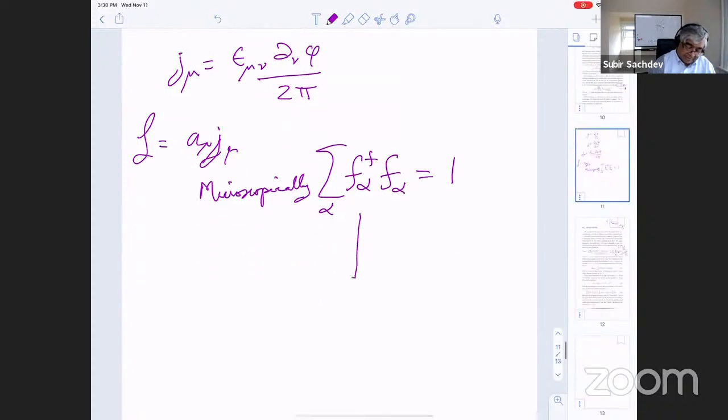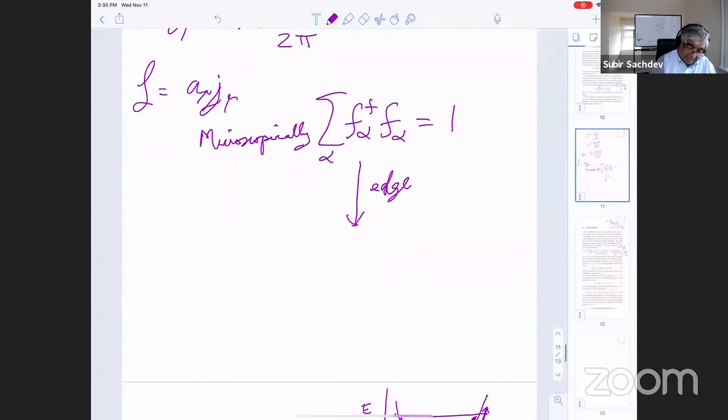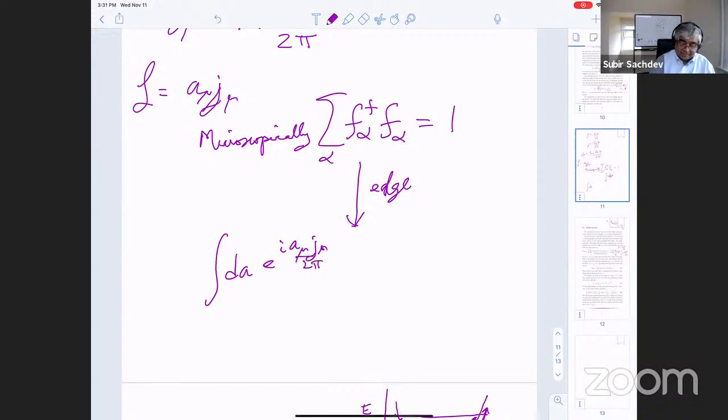So what this tells us on the edge, when we integrate over the gauge fields, so when we integrate dA times e to the i A mu J mu over 2 pi, that's just a delta function.